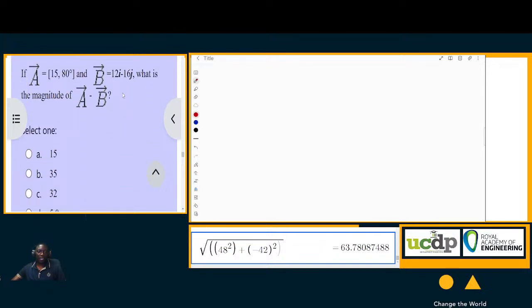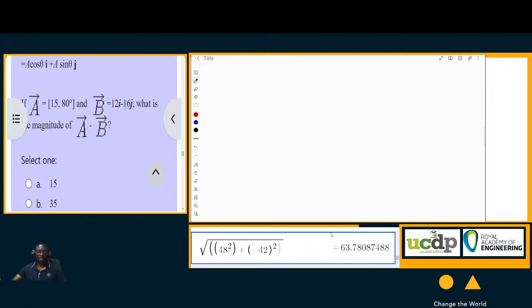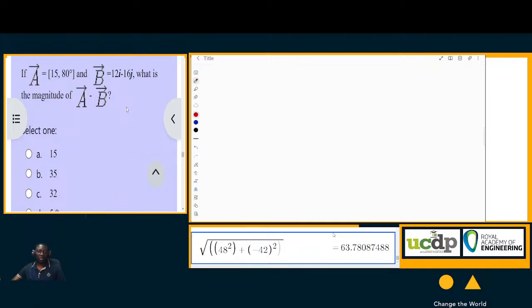If vector A is given by the notation 15 for magnitude and 80 for the angle, so that means this will be 15 cos 80 in the i plus 15 sine 80 in the j. The notation is still the same as shown there. And vector B is 12i minus 16j. What is the magnitude of A minus B?